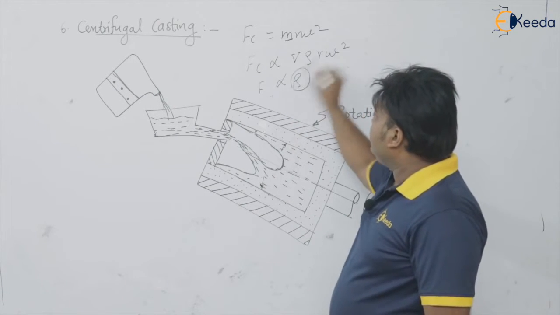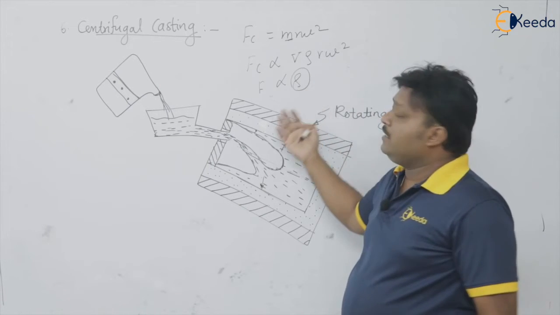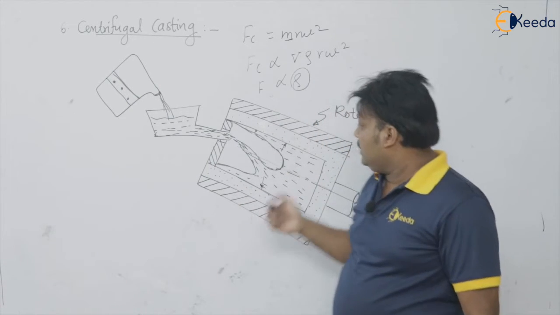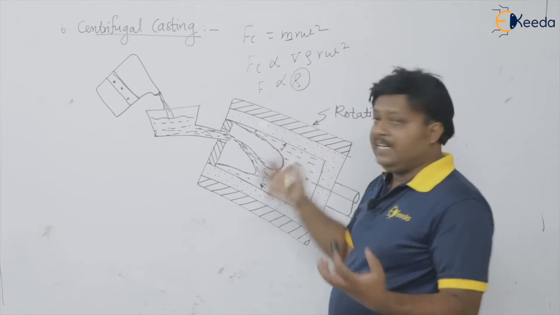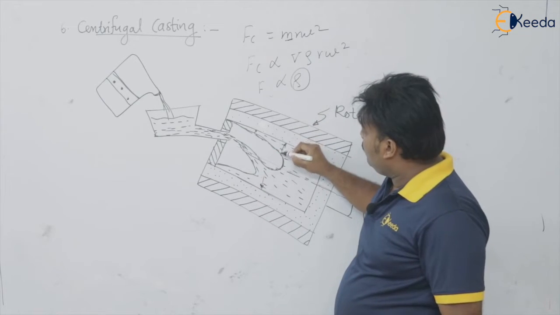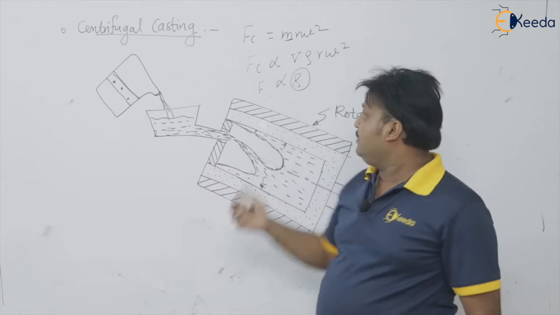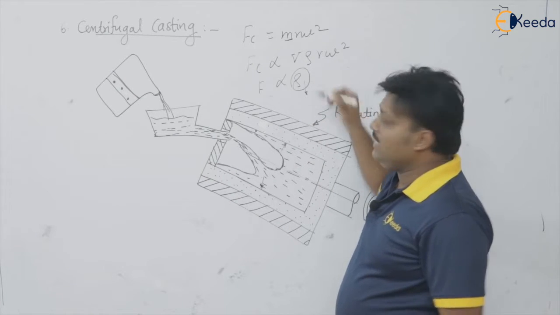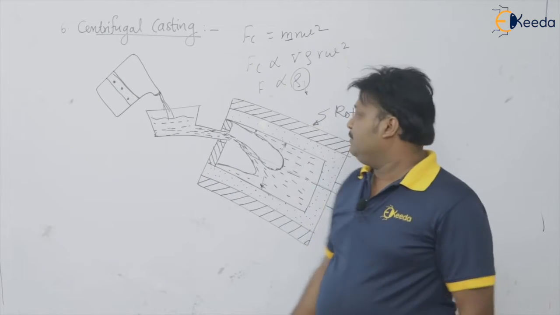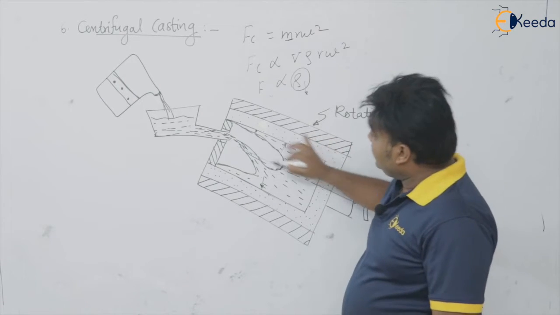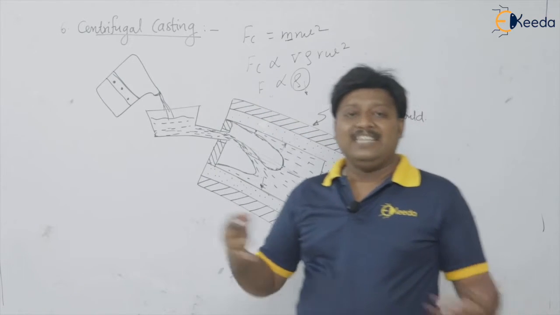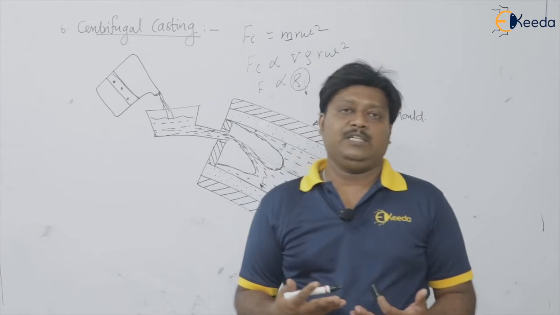The higher the density, the higher the centripetal force, and that is why the heavy density material goes onto the outer surface, whereas lighter density materials or impurities are collected at the center or at the axis of rotation.